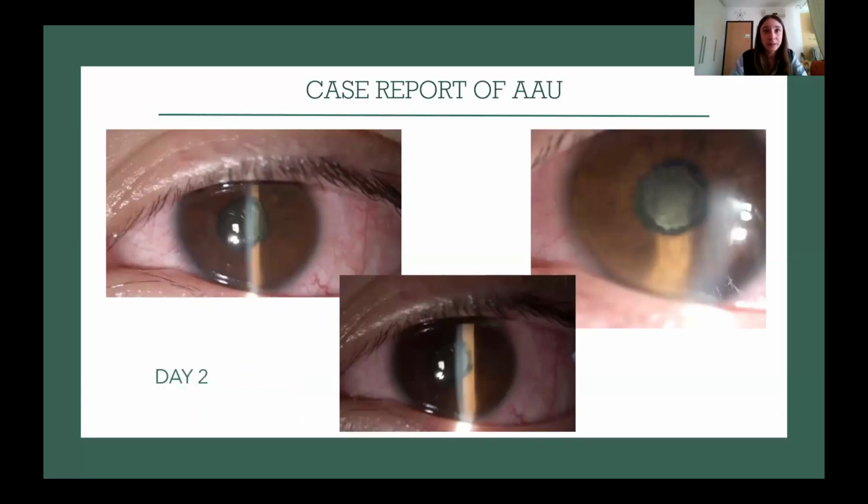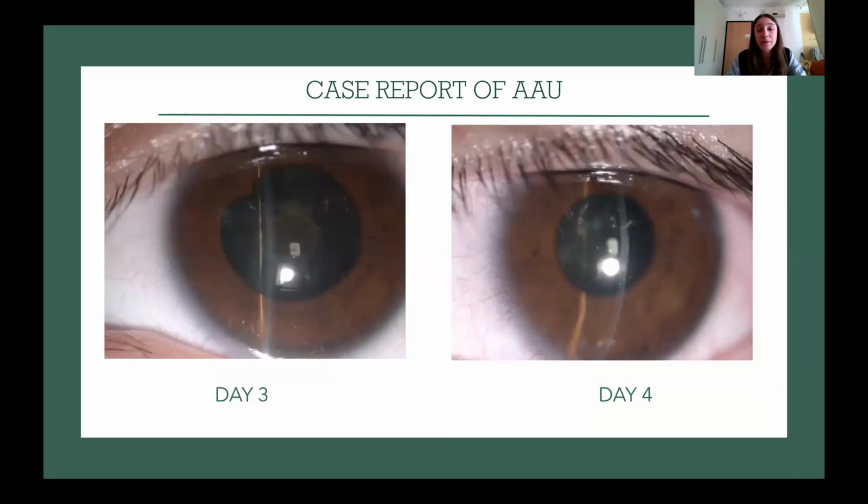Here we have images of the patient's eye on day 2. There is still redness, perikeratic injection, and we can see again fibrin in the anterior chamber and posterior synechiae. Here we have the images of day 3 and day 4.